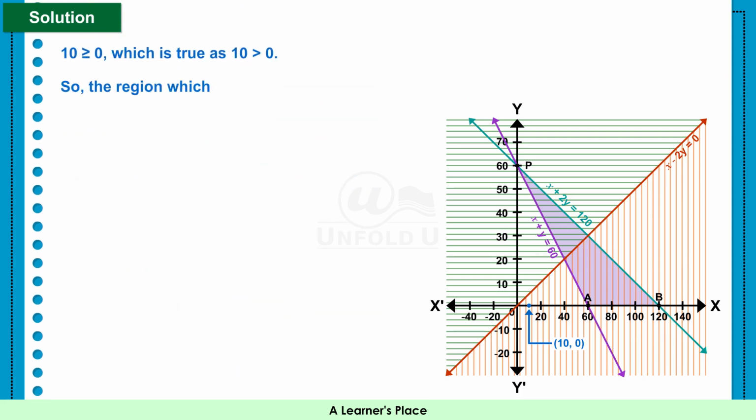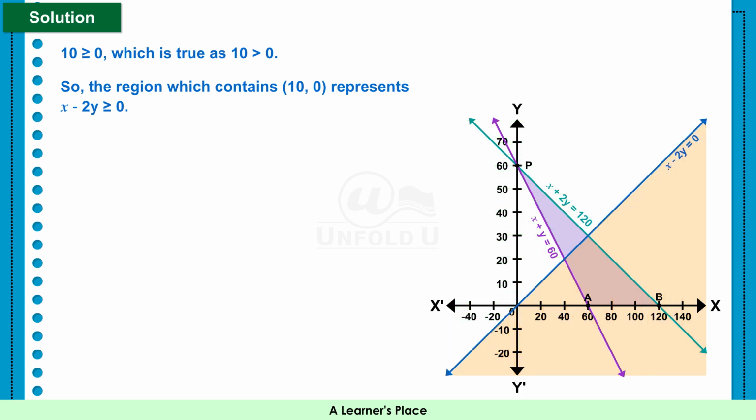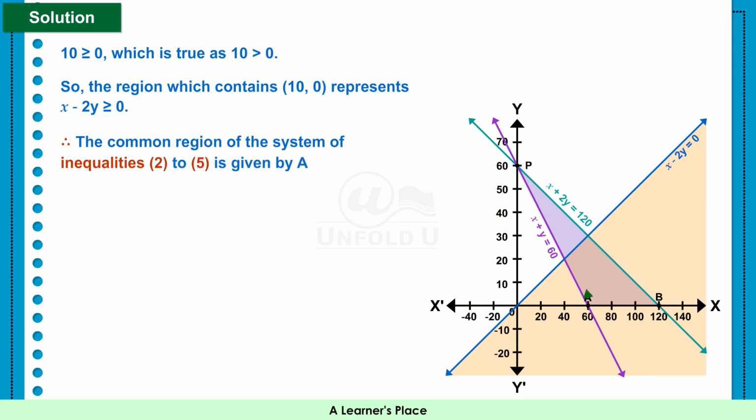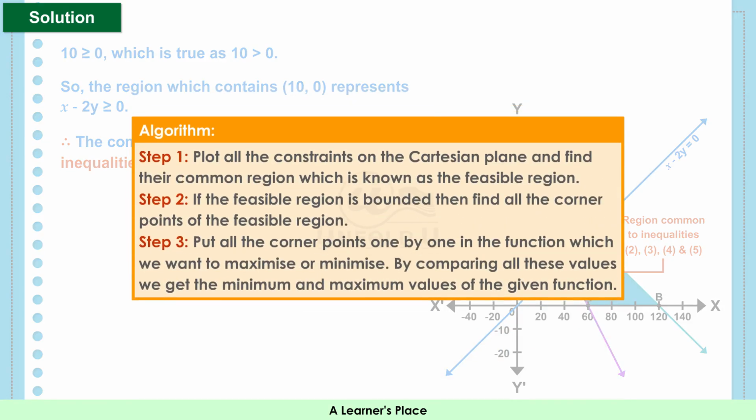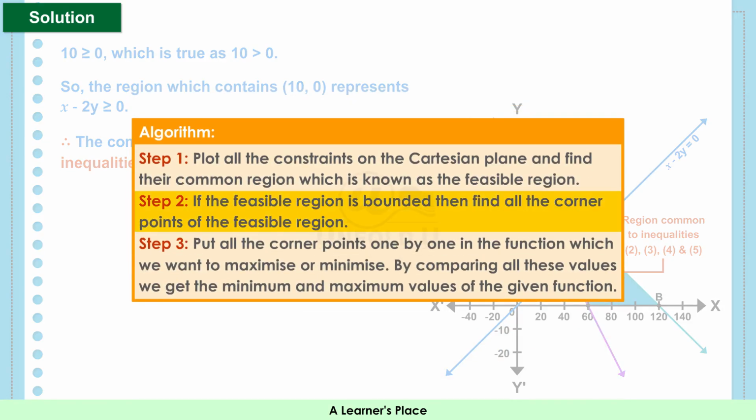So, the region which contains (10, 0) represents the inequality x minus 2y greater than or equal to 0. From the figure, we can conclude that the common region of the system of inequalities 2 to 5 is given by A, B, C, D, A. Step 1 completes here. Now, we will follow Step 2.